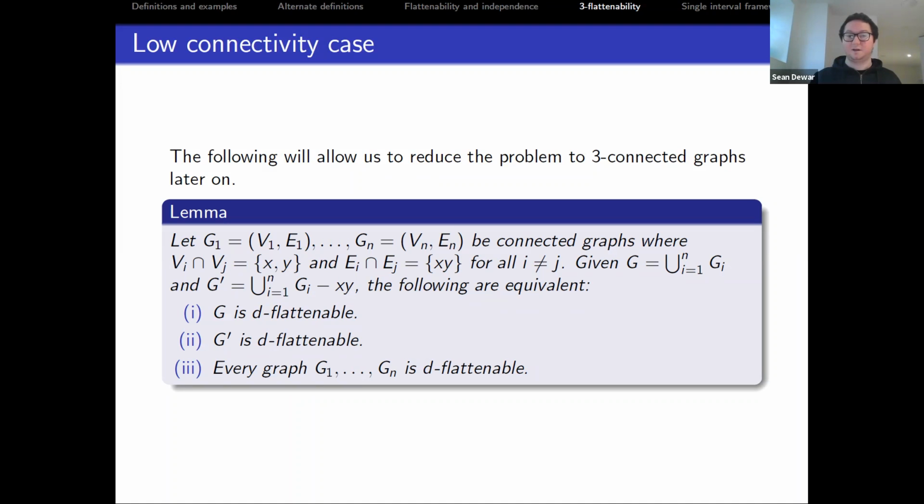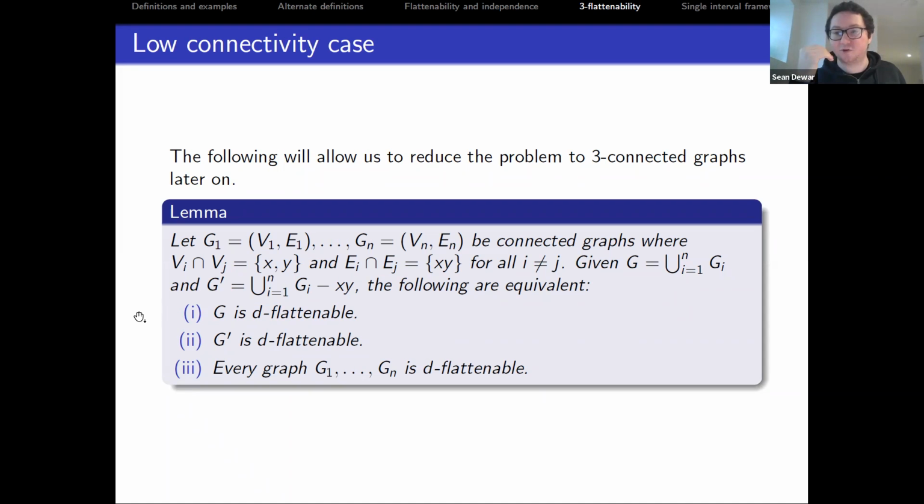This is going to give us our graph G, and we can also talk about G'. G is just where we glue them all together at the edge. G' is where we glue them all together at the edge, and then we take away the edge. What we're going to have is that the flattenability of all 3 of these graphs is exactly the same.